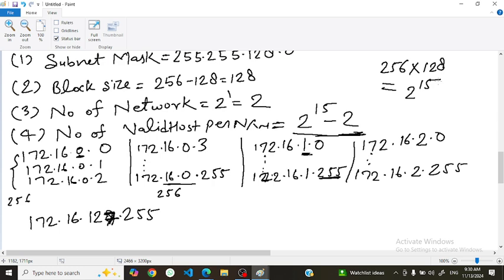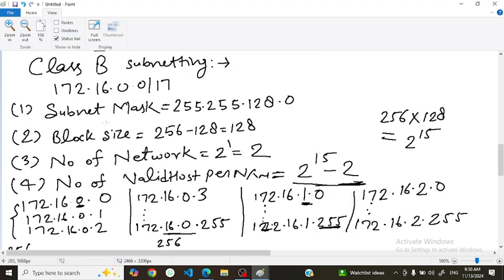I have a question. Yes, sir, ask. In the block size, if you see in the subnet mask, you said 255.255. So we made the changes, right? We turn on the bits in the third octet, right? So how are we calculating this? Should we not calculate from the third bit, like 172.16.1.0? No, no, it will start from 0.0 because we have to make two networks.